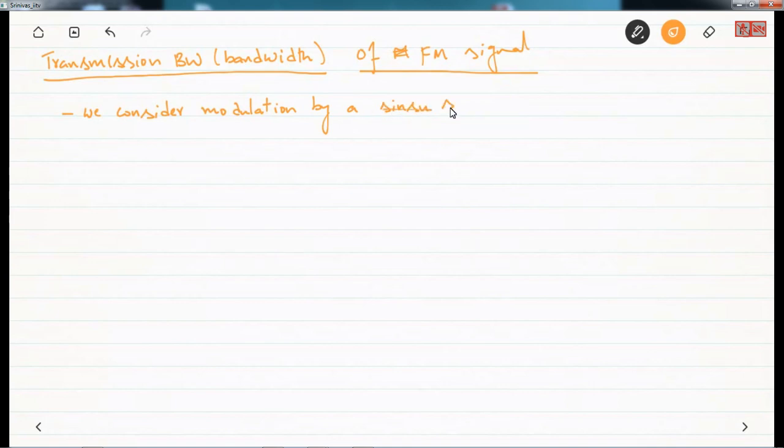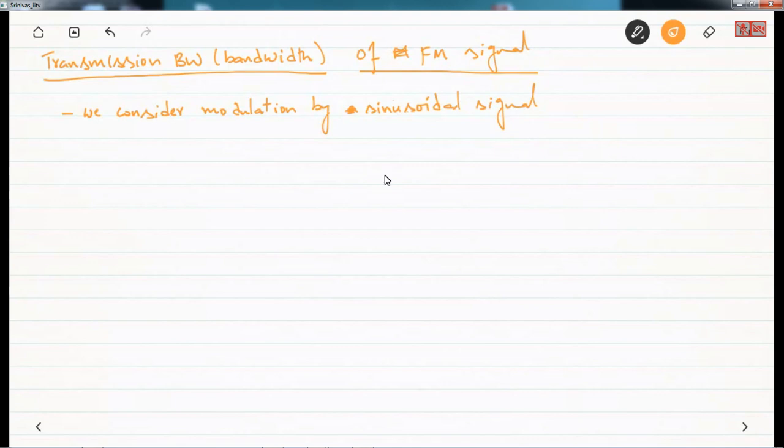I mean tone modulation. A sinusoidal signal is also called a tone, right?